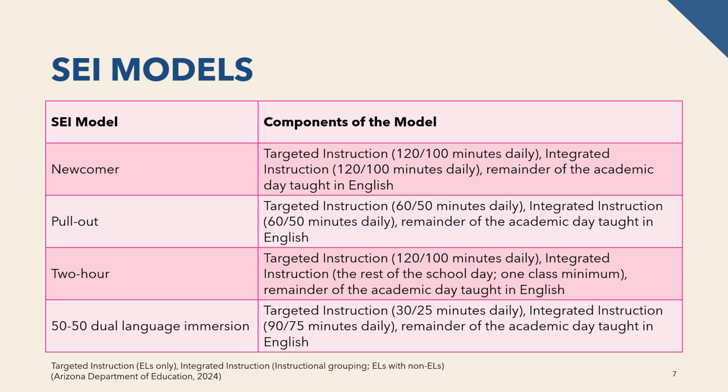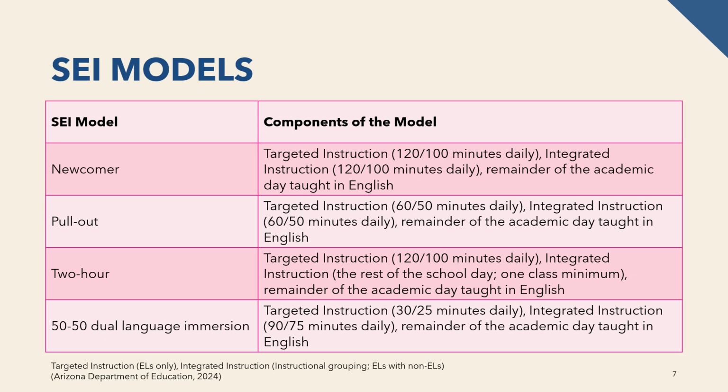Our integrated instruction would be 60 minutes a day and 50 minutes for our older students. And then the remainder of the day is going to be taught in English. The pull-out method is where we see them go into a different classroom and get very specific targeted instruction in the areas that they need support in.